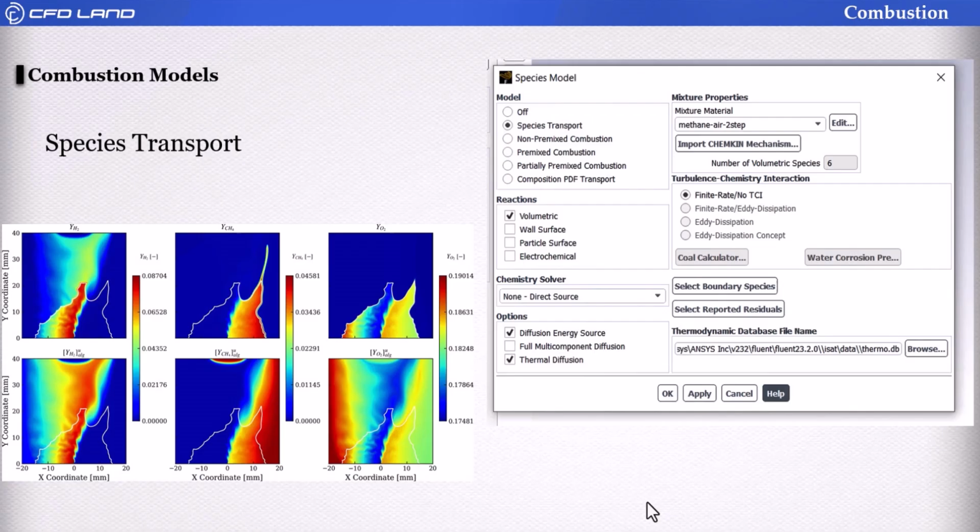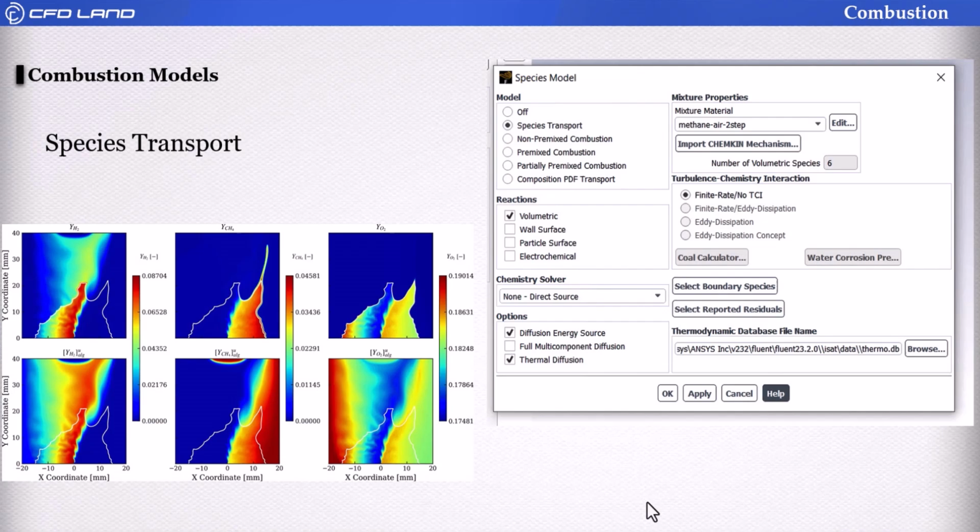Species transport is one of the most fundamental and widely used approaches. This model allows users to include both premixed and non-premixed combustion, model finite rate chemistry, and simulate complex phenomena such as pollutant formation or incomplete combustion. One of its major advantages is flexibility.